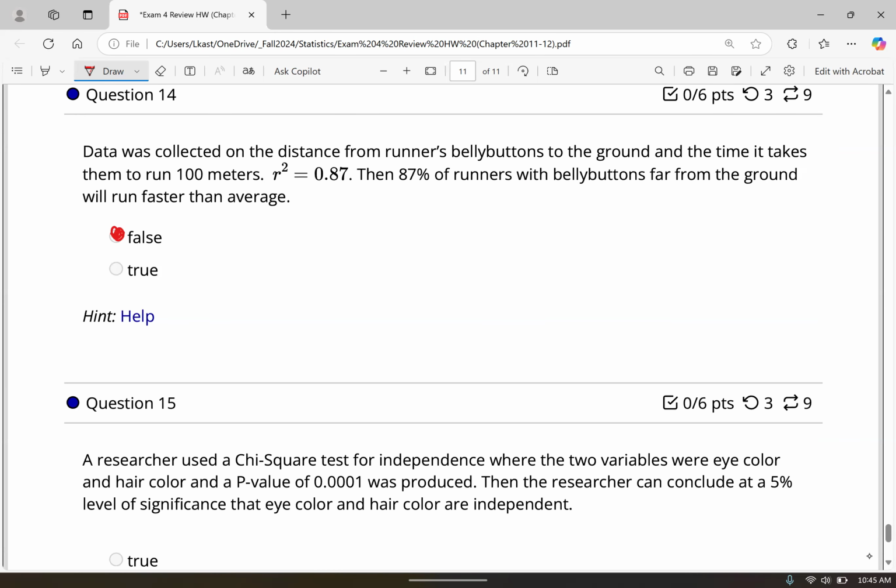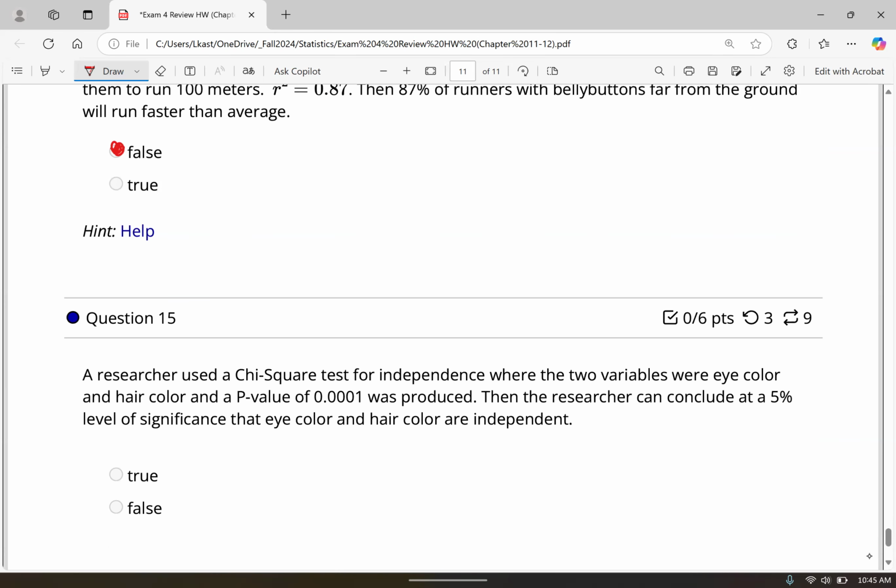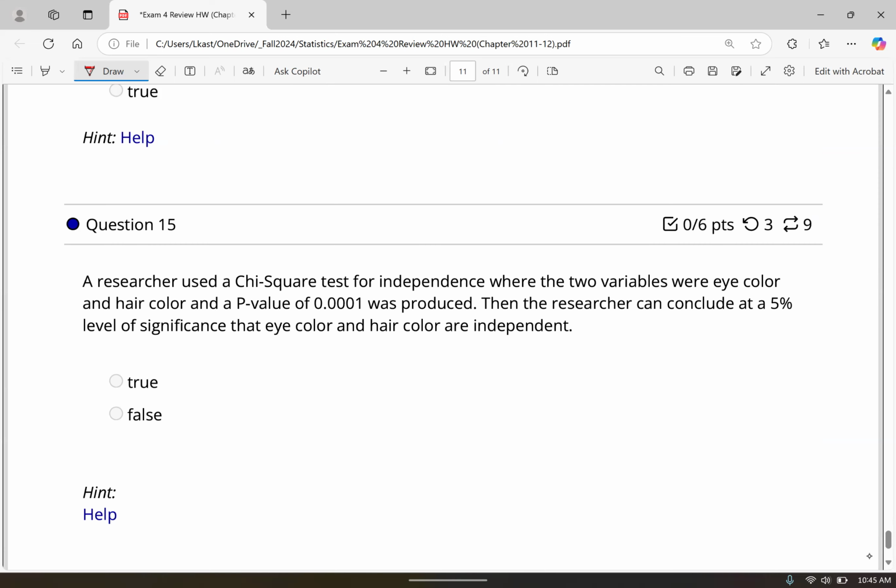Okay, and then the last one. A researcher used a chi-squared test for independence where the 2 variables were eye color and hair color, and a p-value of 0.0001 was produced. Then the researcher can conclude at a 5% level of significance that eye color and hair color are independent. Exactly the opposite, correct?